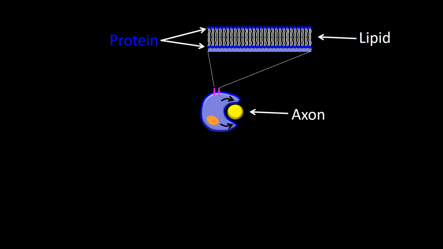In blue, you can see the protein-rich component of the membrane. The white lines represent the lipid component. The light blue area represents cytoplasm. Thus, we have an outer membrane and an inner membrane surface.